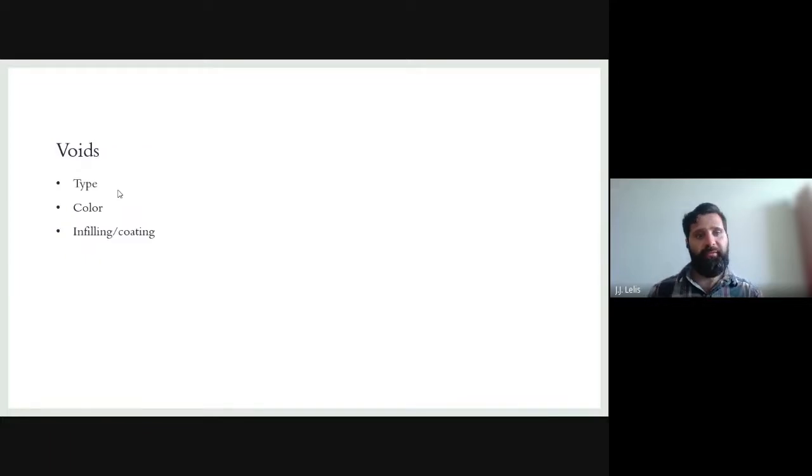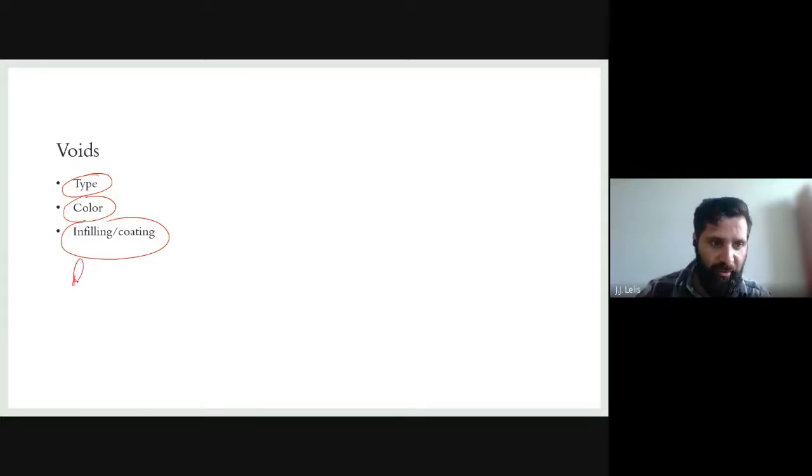Okay, so let's start with voids, with pores. We should describe what? We should describe the type of these voids, the color of these voids, the presence or absence of infillings and coatings of these voids, and of course the quantity. I forgot to include here the quantity of voids.